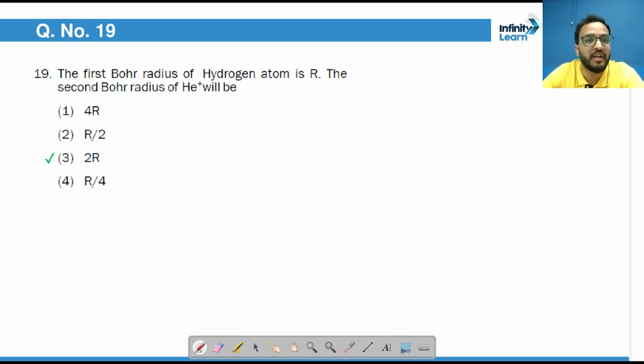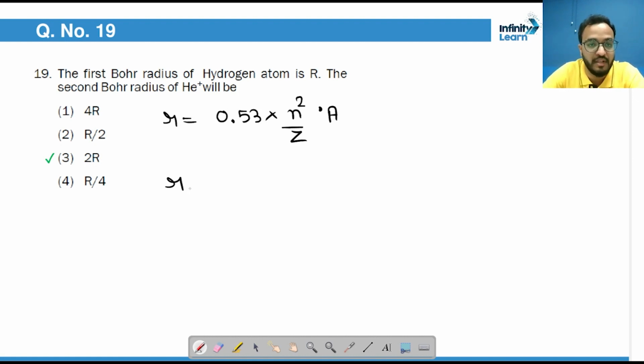The first Bohr radius of hydrogen atom is R. The second Bohr radius of helium will be? Radius is 0.53 into n square by Z angstroms, right? So if I talk about hydrogen, then it will be 0.53 into 1 square by 1 angstroms.